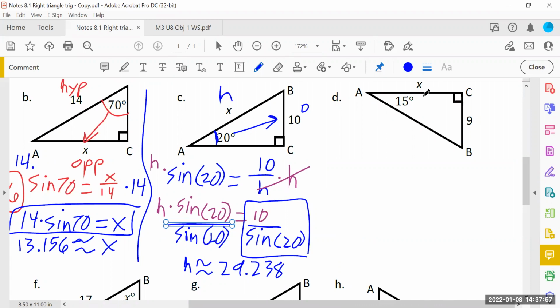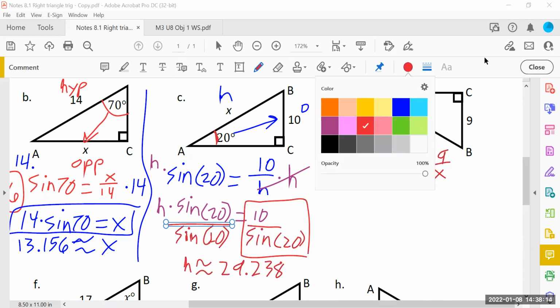And one more here. We've got an opposite side and an adjacent side. That means tangent. So tangent of 15 is equal to opposite over adjacent, 9 over x. Again, we're going to have to multiply both sides by x to get it out of the denominator.